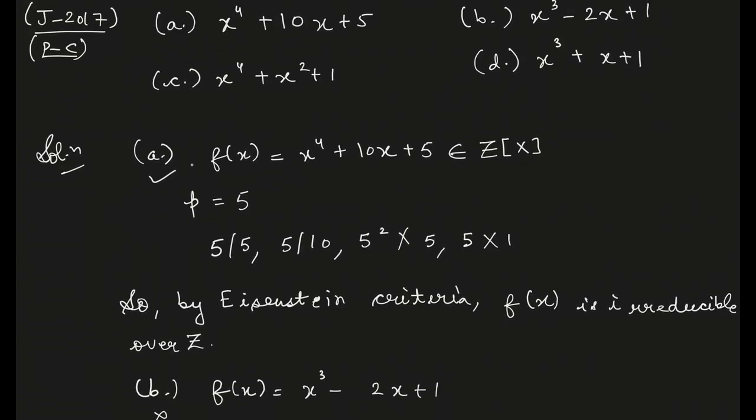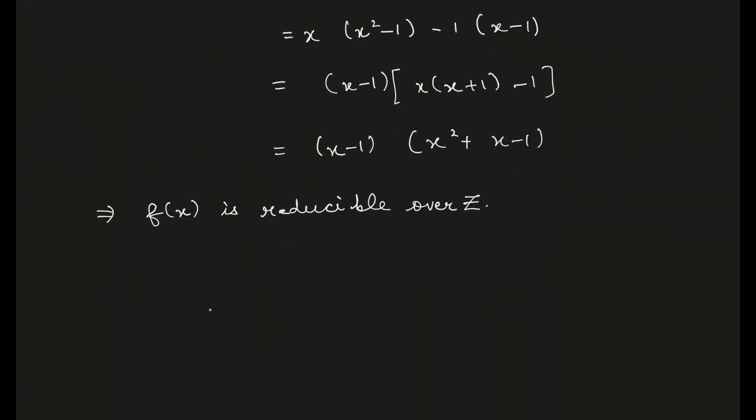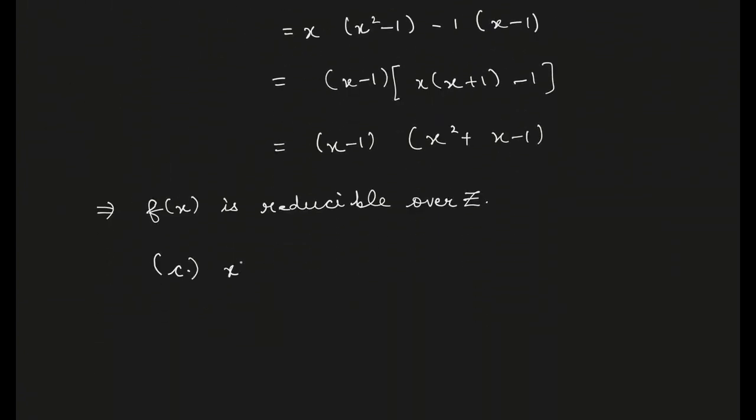Option A is correct. Option C, x to the power 4 plus x square plus 1. How have you done this? I made a square identity out of it.